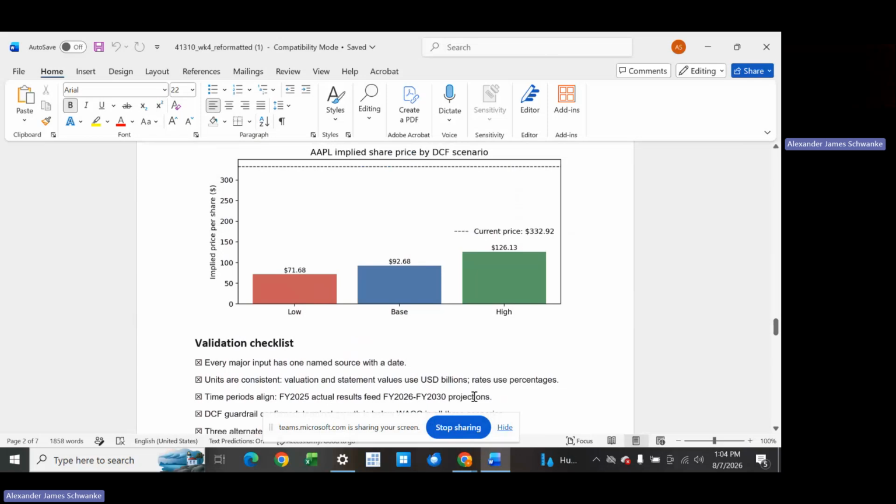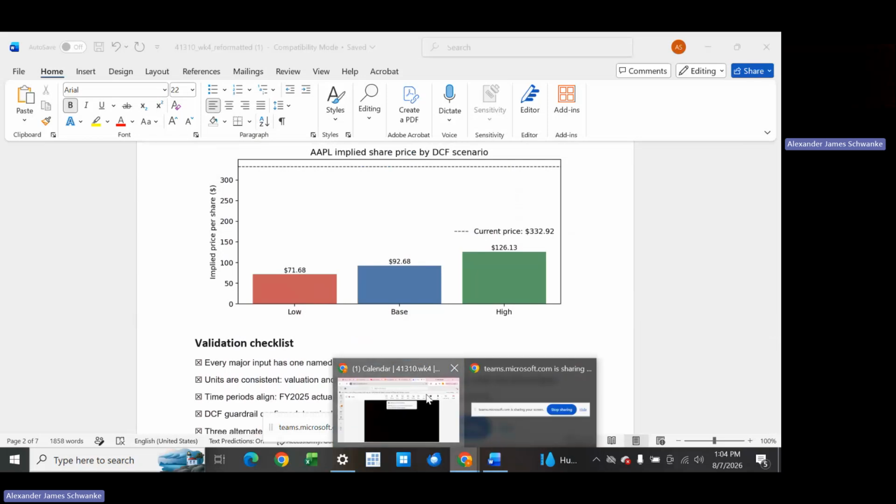The low case assumes lower FCFF growth, a higher WACC, and a lower terminal growth. And the high case assumes higher growth, lower WACC, and higher terminal growth. And the base case is somewhere in between. The FCFF growth, constant WACC, and terminal growth are all very sensitive assumptions that may not reflect reality.